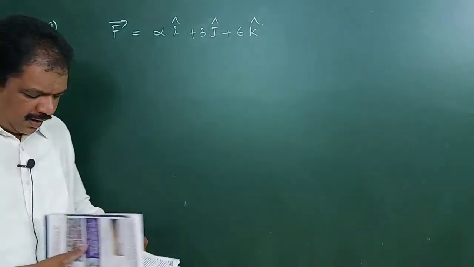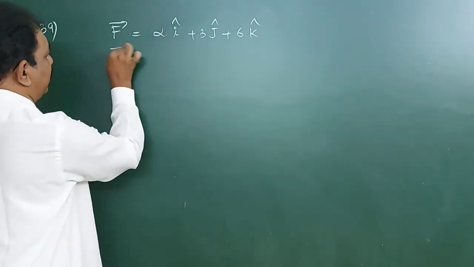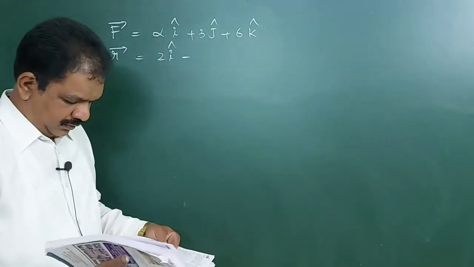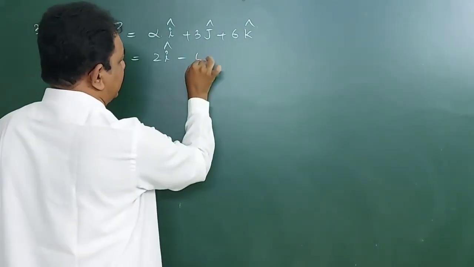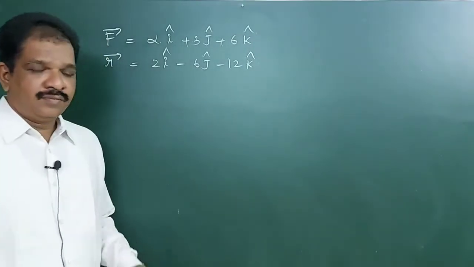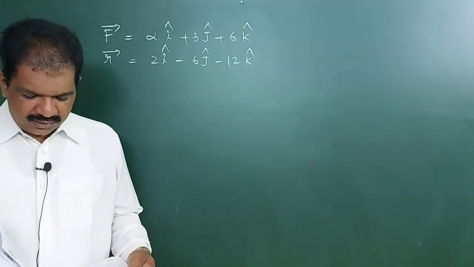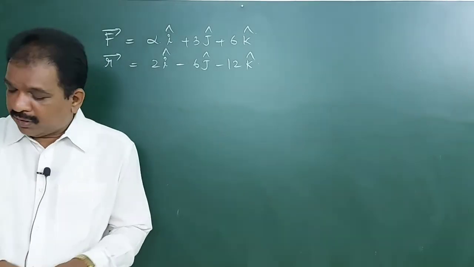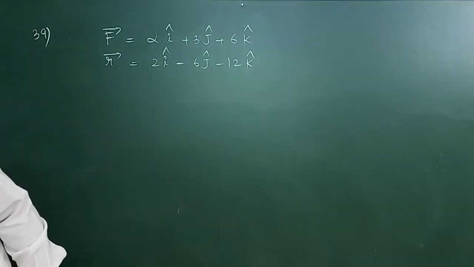And the R bar value will be 2i cap minus 6j cap minus 12k cap. Then they are asking, what is the value of alpha if angular momentum is conserved?